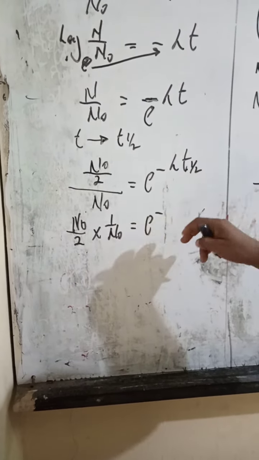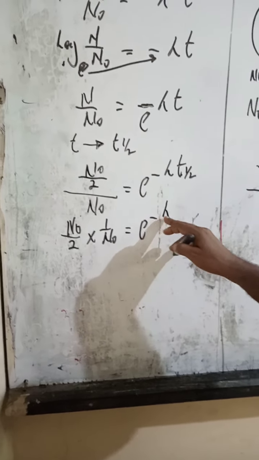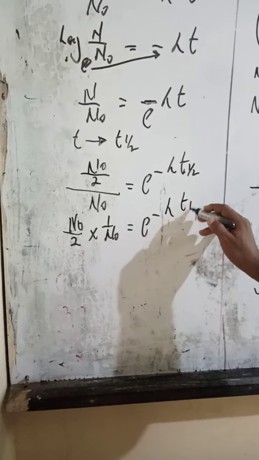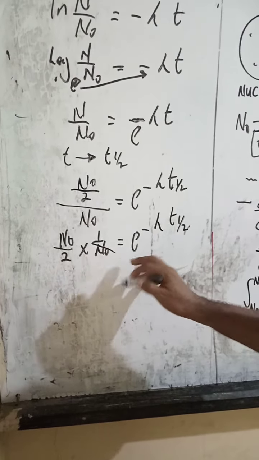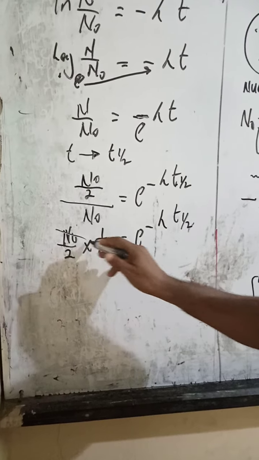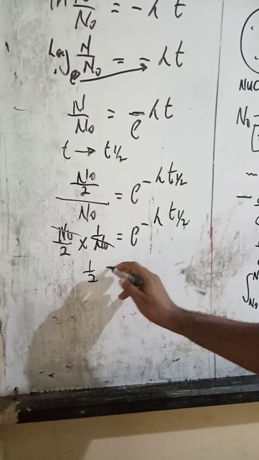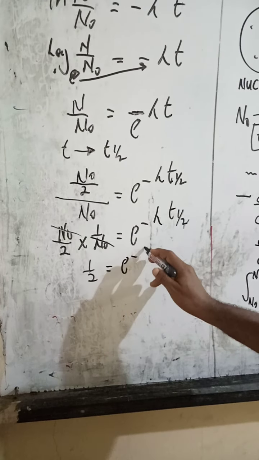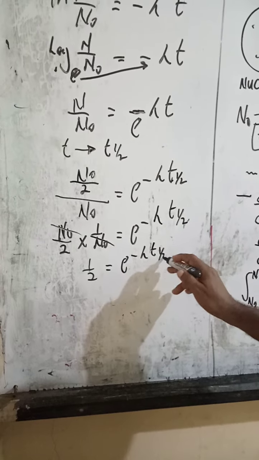So in this place I'm going to have minus decay constant, then t half there. Now this initial total number cancels for the radioactive substance. So we are having half is equal to e raised to the power minus this constant, then half-life.